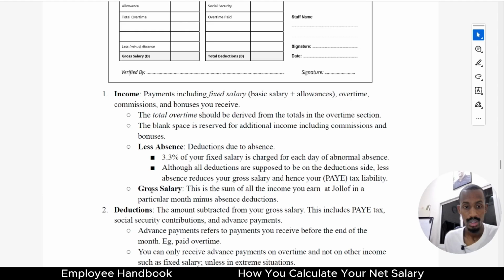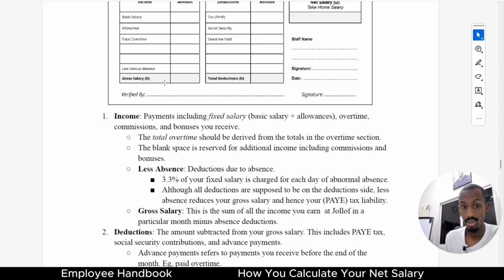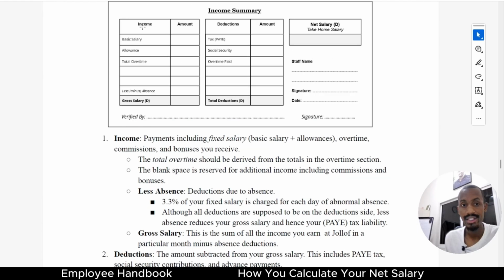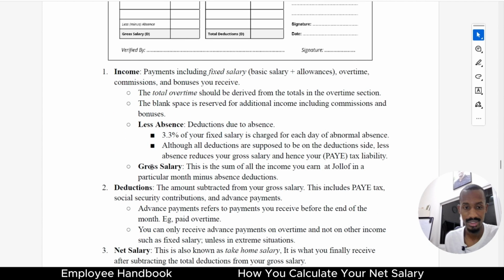Less absence, deductions due to absence. Remember your abnormal absence. Normally income here is supposed to be all the amount of money you make, and all deductions have to be in the deduction section. The reason why we put it here, let me tell you. Less deductions: 3.3% of your fixed salary is deducted or charged for each day of normal absence. 3.3 means 1 over 30.